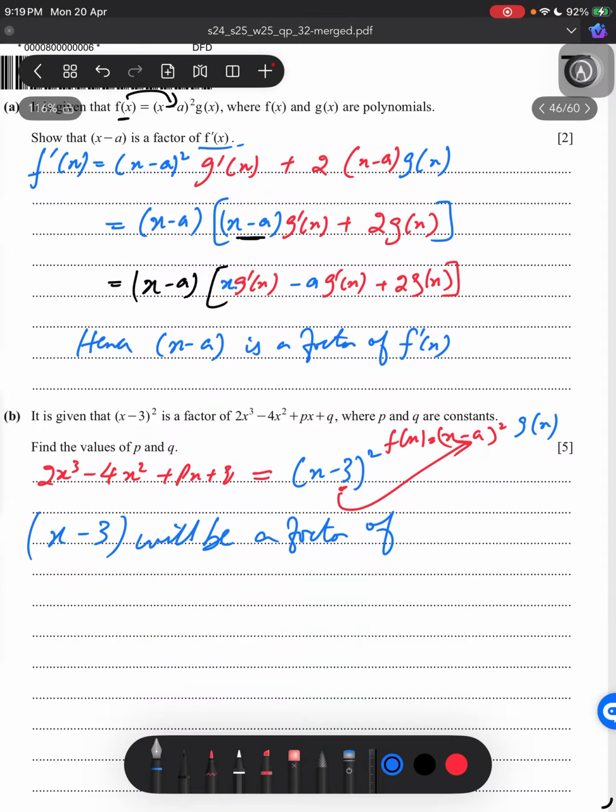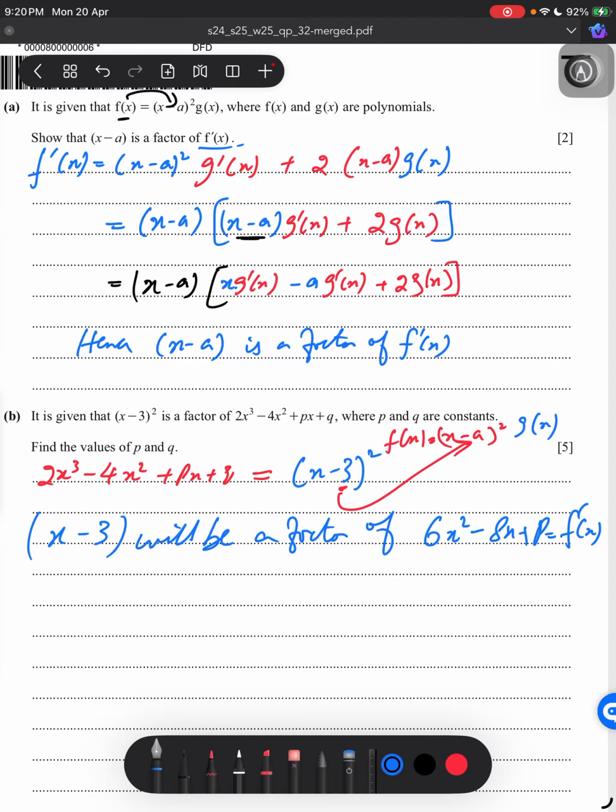So we would have 6x squared minus 8x plus p equal to f prime x.